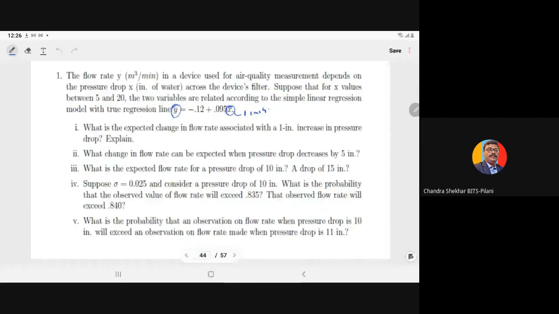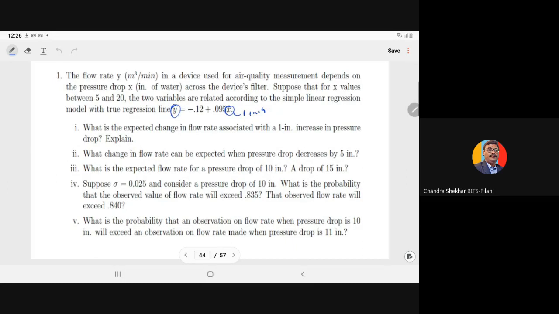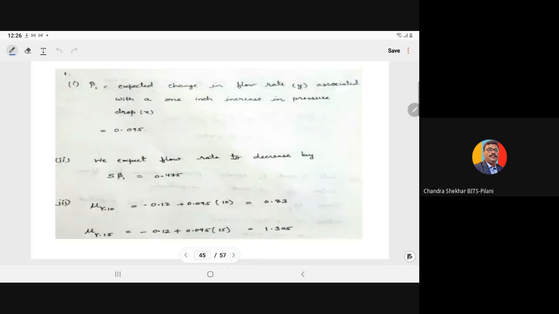Because the intercept is a constant, it will be subtracted in the new minus old. When we do new minus old to determine the change, this constant will cancel out. So we have only 0.095 into 1, because the difference is 1 inch, so it is equal to beta 1.